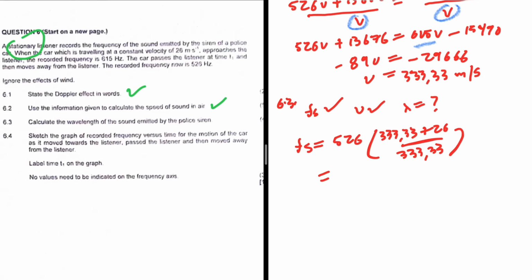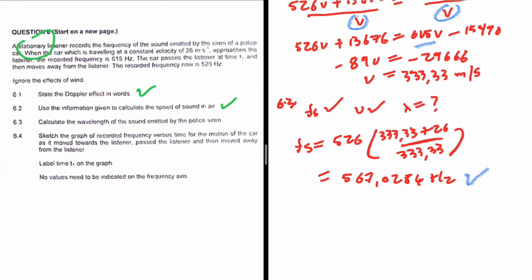When I put that in my calculator, I get 567.0284 hertz. I can actually prove if this is correct, but I don't think it's necessary. I'm quite sure this is correct.